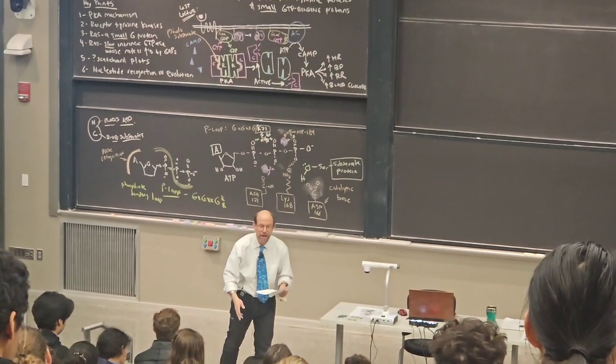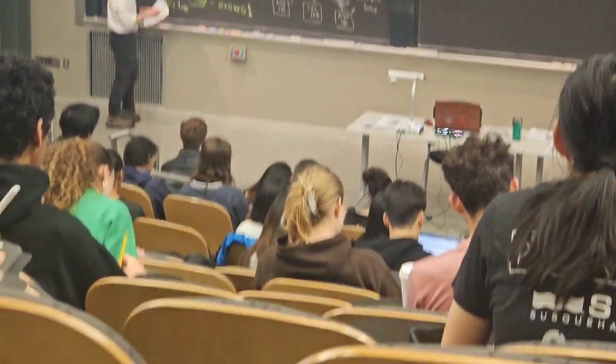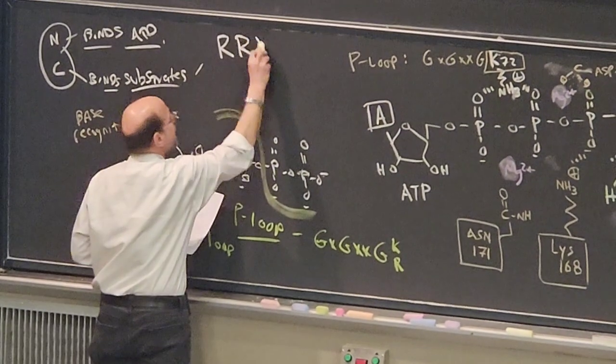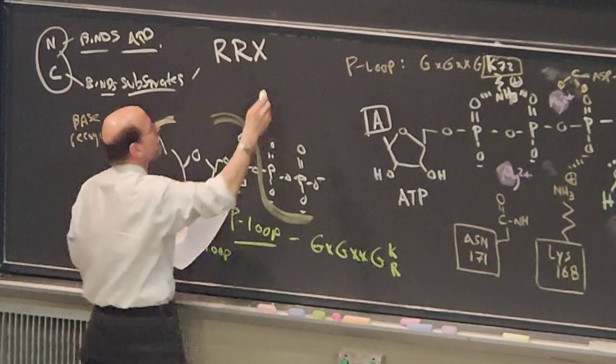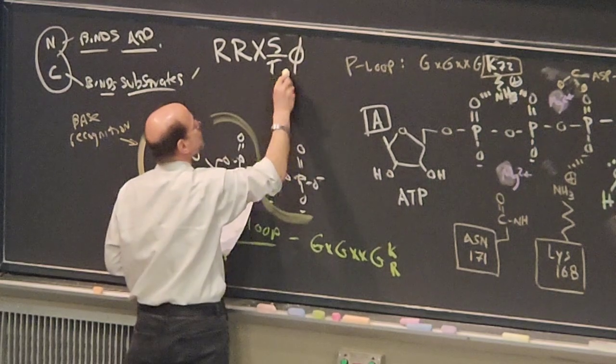Just like chymotrypsin doesn't cut every peptide bond. There's specificity in PKA. And the specificity in PKA corresponds to the substrate consensus motif of arginine, X, where X can be any amino acid, serine or threonine, followed by a hydrophobic residue.